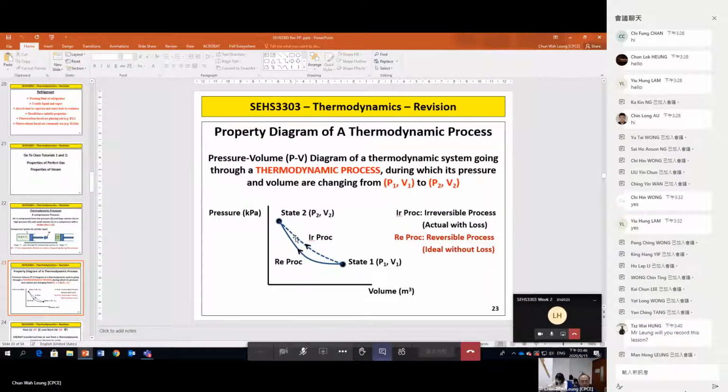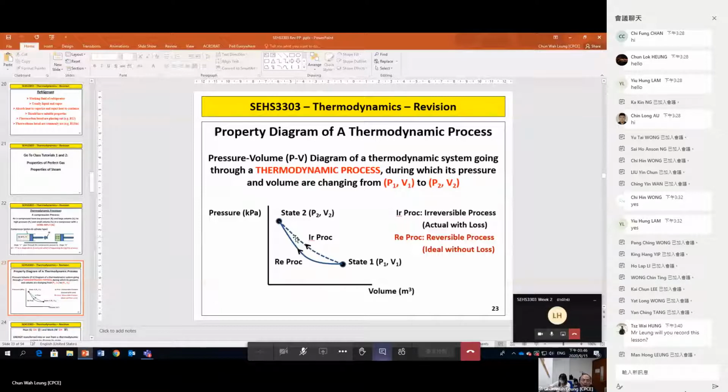But in doing our analysis, we usually assume that the thermodynamic processes are reversible, even though we know that it's not true. However, we assume that they are reversible. Why?